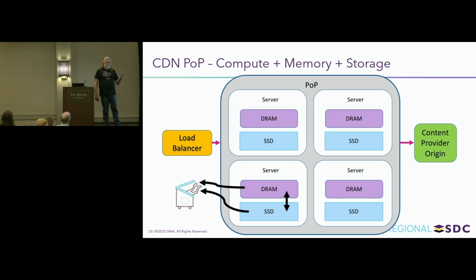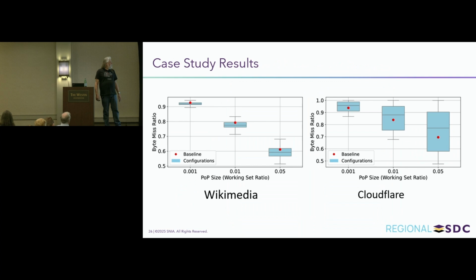So with the CXL experiment, we ran on a bunch of synthetic data. On this, we ran about 900,000 experiments, and we ran them against a couple different data sets that we were able to get. We were able to get HTTP traces from Wikimedia and from Cloudflare. And we ran about 300,000 experiments against the Wikimedia HTTP traces and about 600,000 experiments against the Cloudflare traces.